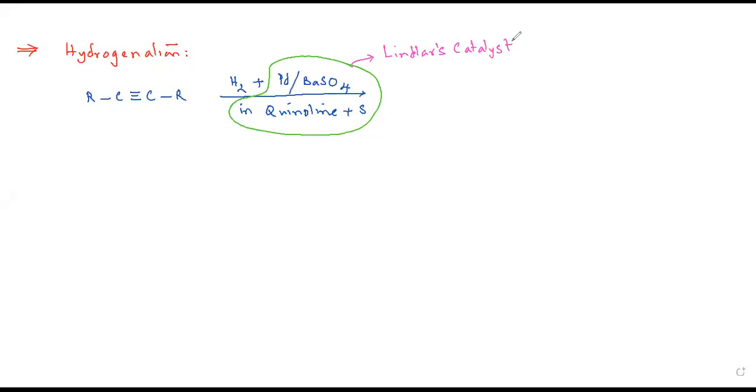Very important. Now in this catalyst we have certain interesting points. No doubt palladium is a catalyst. Barium sulfate is a catalytic poison.